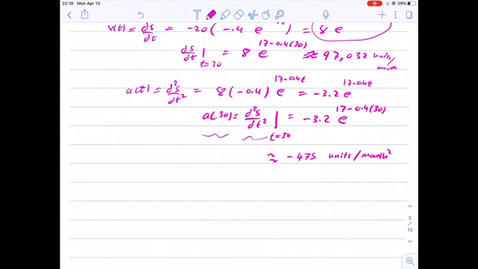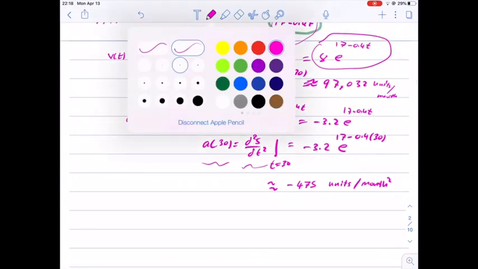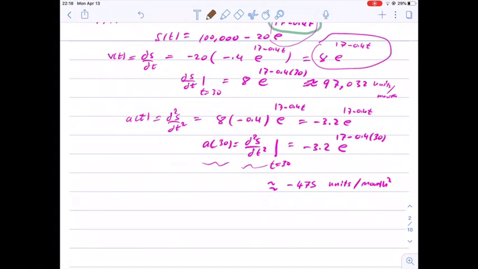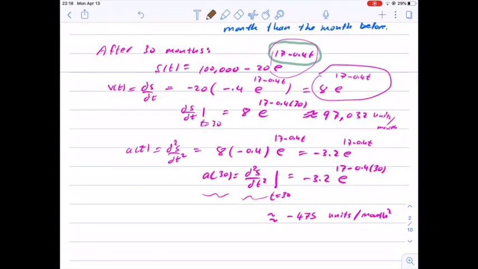Okay, now by the end of the 30 months, 97,032 video games have been sold. The game is selling at a rate of 1,187 units per month, and the rate of sales is decreasing because the second derivative here is negative.